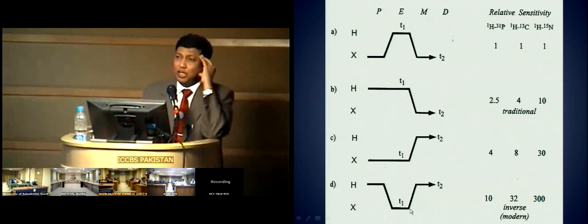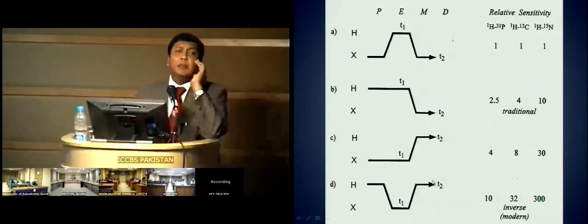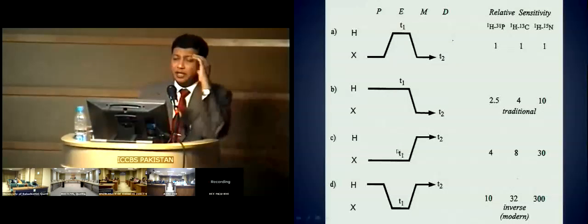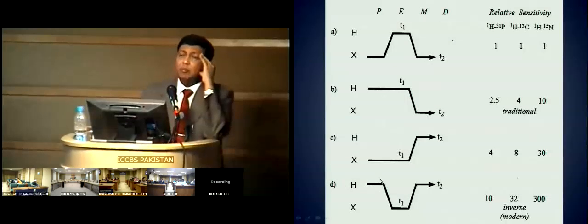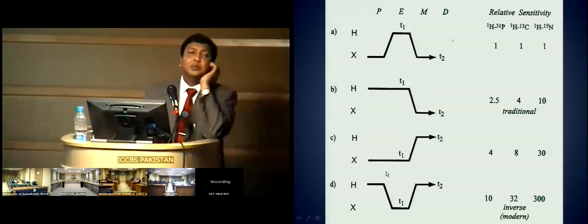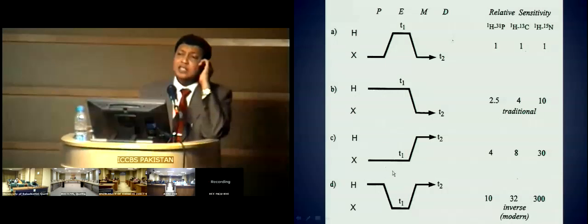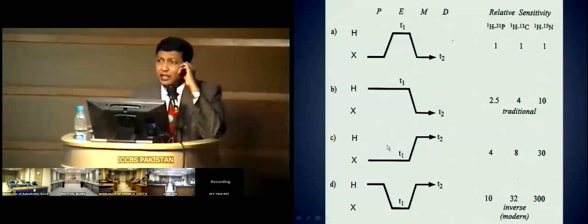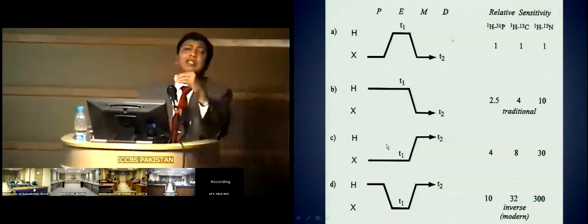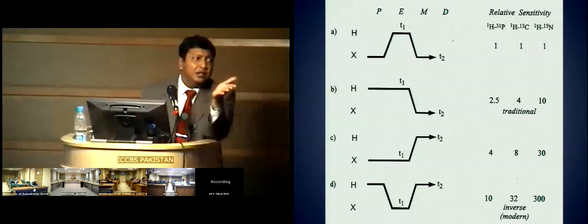When you give a spin inversion pulse on carbon, you transfer it to the proton and you detect the proton. What you have done is an amazingly powerful experiment in which you have used a positive polarization transfer to increase the sensitivity of carbon, and that enhanced carbon sensitivity was then back transferred to the proton.